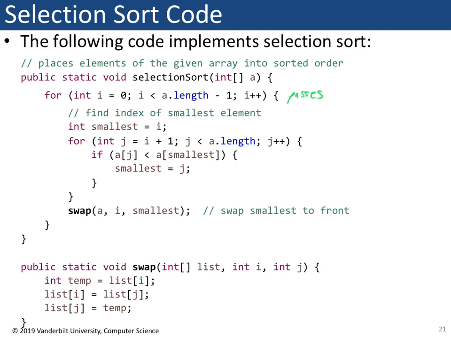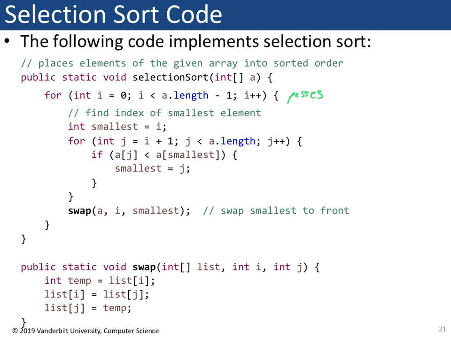So when i equals 1, we'll assume that the smallest is in 1, and then we'll check every element after 1. So this is how we lock elements which we've already sorted. On the first pass, i equals 0, so we'll start looking for the smallest in element 0. That's our naive guess. And then we're going to check and see if we're right. And if we're not right, we will adjust what our current smallest is.